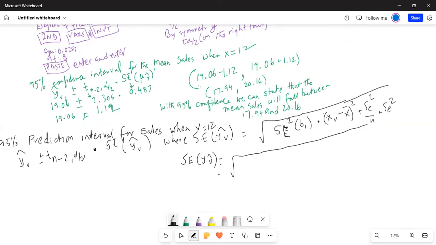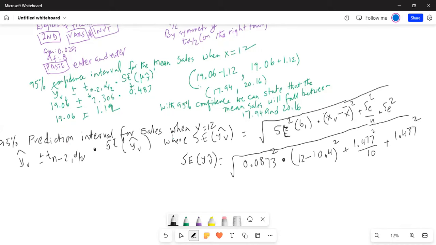So the first term is 0.0873 squared multiplied by 12 minus average 10.4 square, plus the SE we got previously, 1.477 square by 10, and then the extra term is 1.477 square.